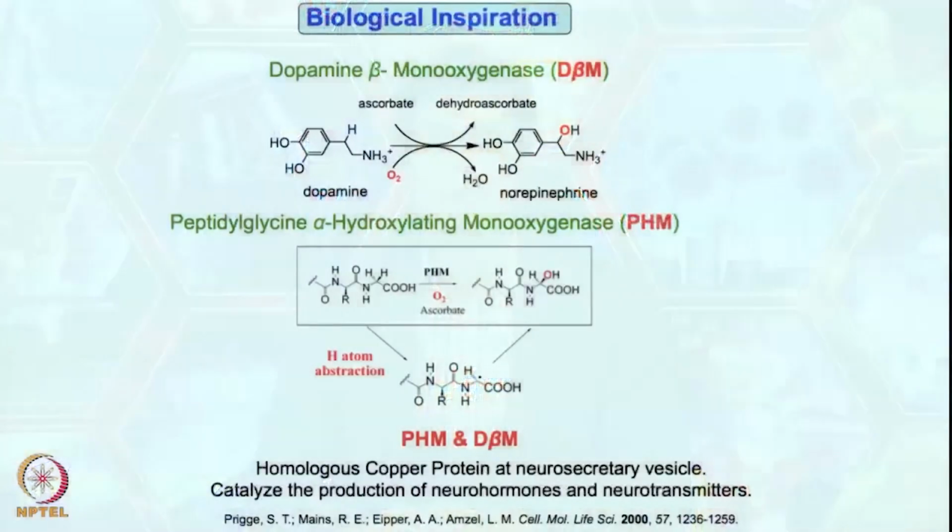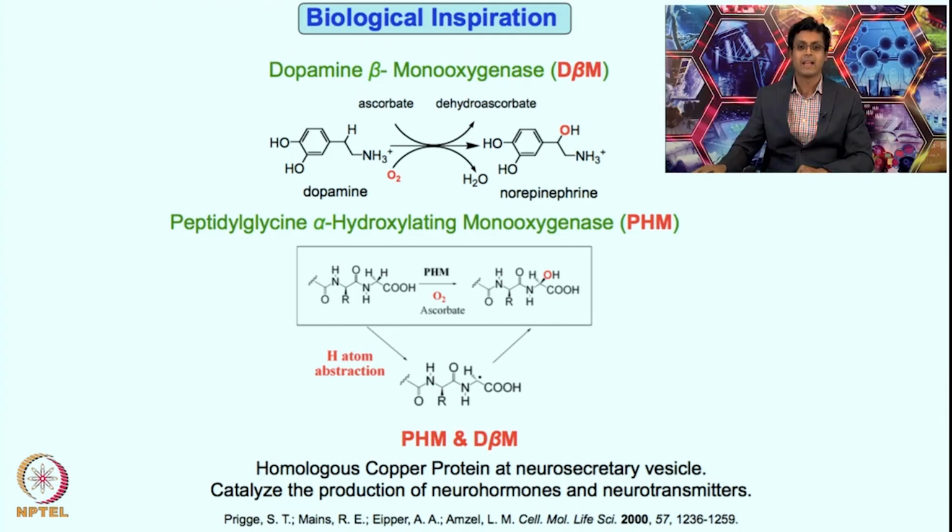We have seen many enzymes where we have these mononuclear copper oxygen species. Two of them we discussed, one of them is PHM, the other is DBM. These are homologous copper proteins, meaning that what is true for one is also going to be true for the other one. Okay. Both PHM and DBM can do the substrate hydroxylation. As you can see, the substrate is getting hydroxylated by copper oxygen species, but these copper oxygen species are not the binuclear one, this is the mononuclear one.